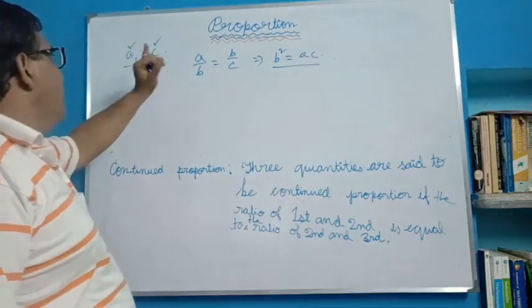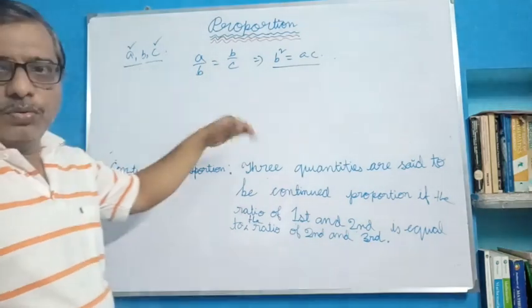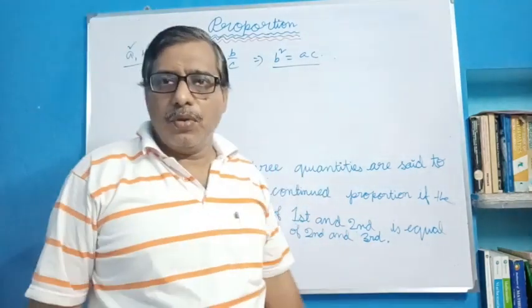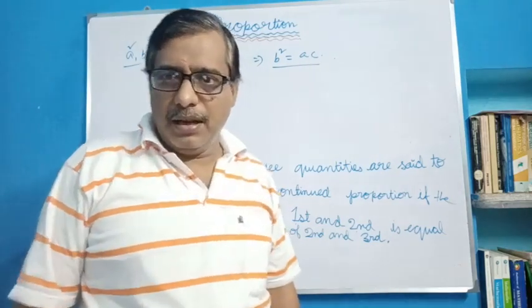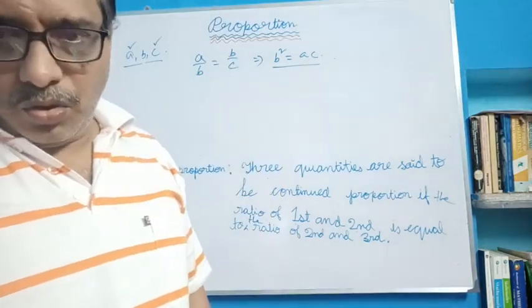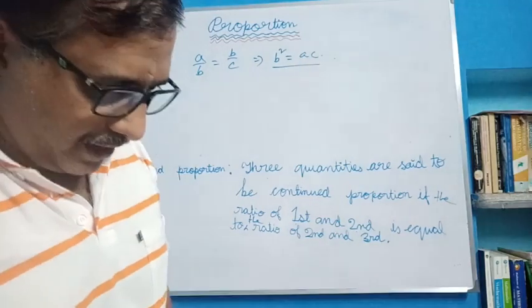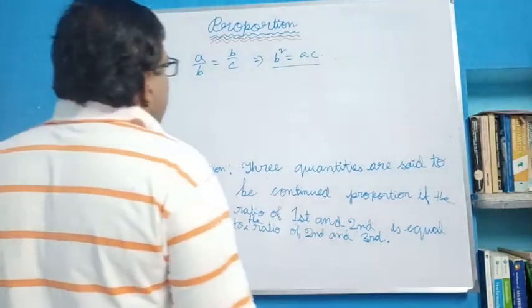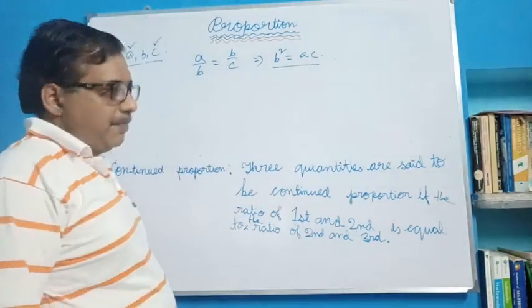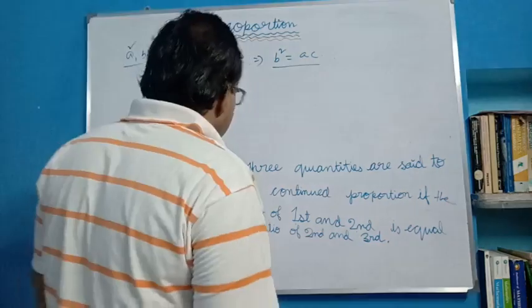So the product of the extremes is equal to the square of the mean. Then three numbers A, B, C are in continued proportion.